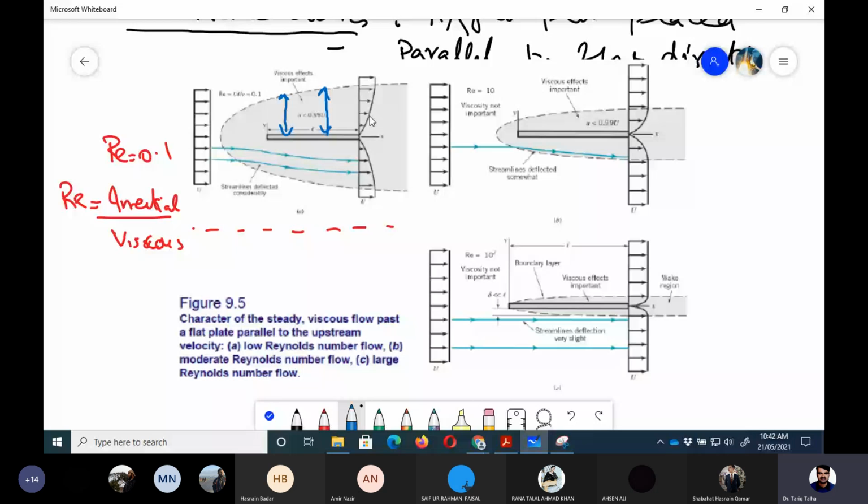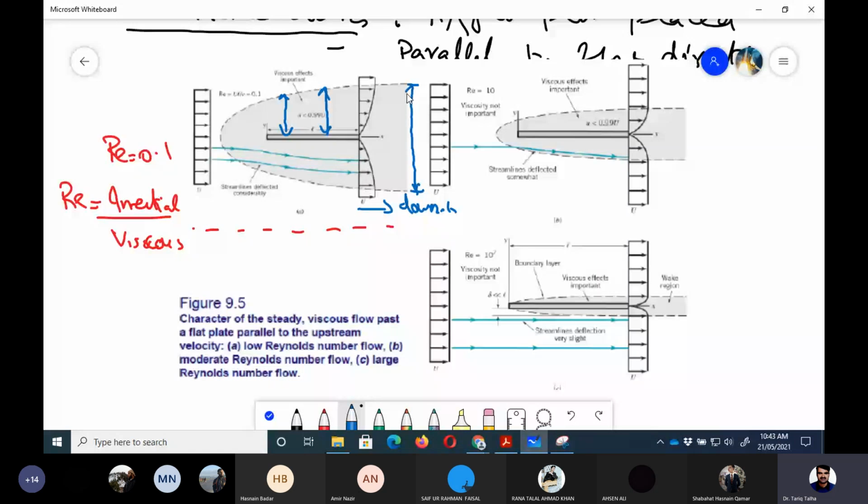And then there is a very large wake region here. The wake region is the region downstream. This is the downstream location, and here we can see the wake region thickness. This is the wake region, right?